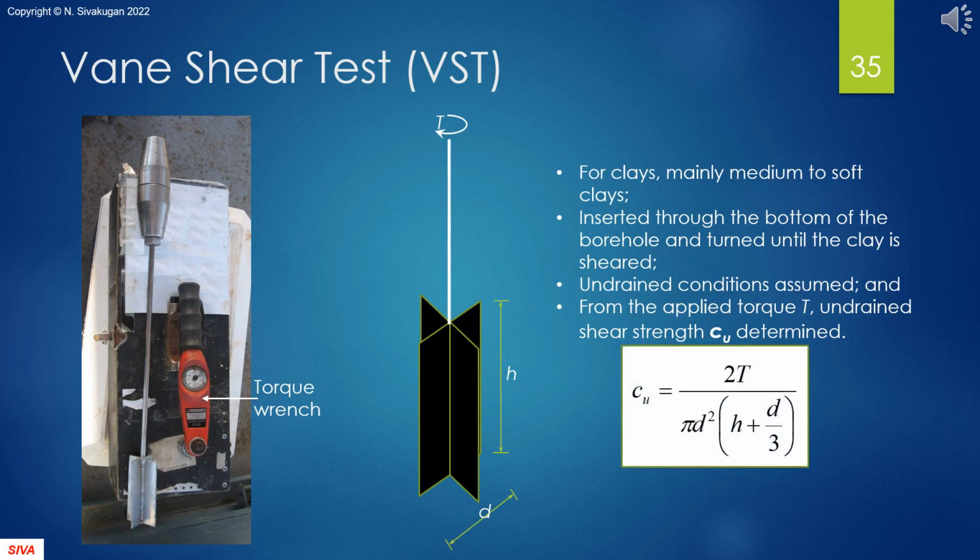Vane shear test is for clays, especially for medium to soft clays. It measures the undrained shear strength of the clay. A vane, consisting of 2 perpendicular rectangular blades, is pushed into the clay and rotated at the rate of 0.1 degree per second. From the torque required for the rotation, the undrained shear strength is determined.